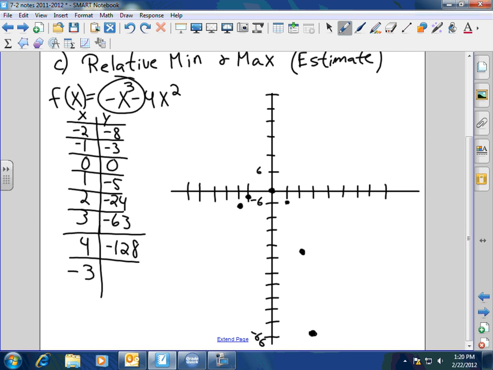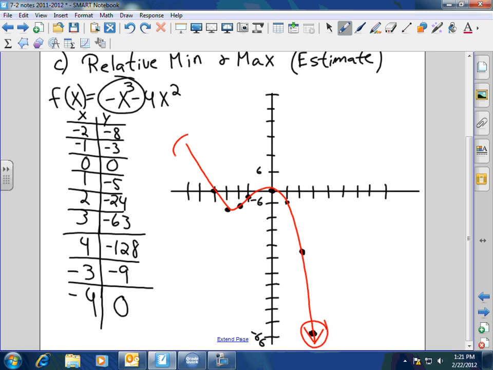That'd be negative 9. Okay, so negative 3, negative 9. We're getting closer. How about negative 4? Okay, perfect. Negative 4, 0. Now we've got it. It satisfies my up and down.